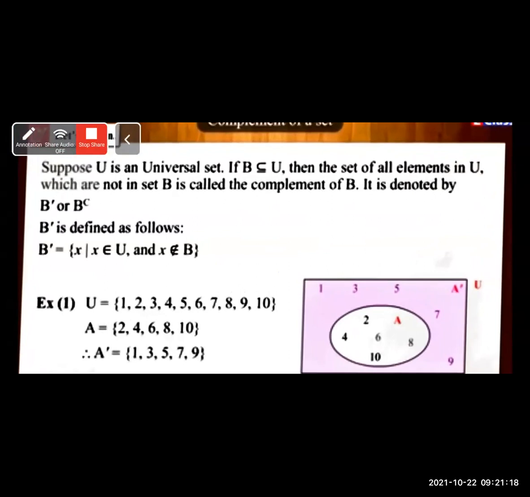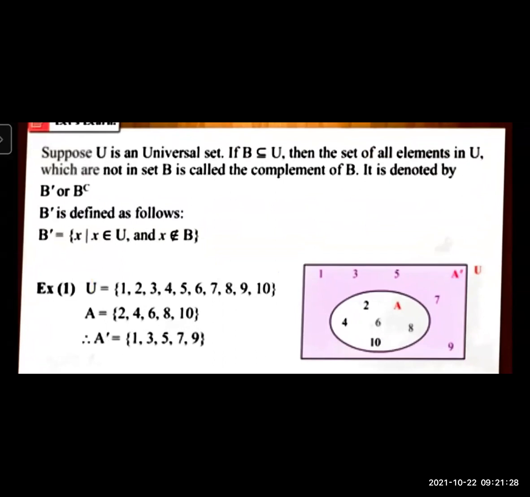So B dash is defined as follows. B dash is equal to the set of all x such that x belongs to U but x does not belong to B. That means what? See here one example, example 1. U is equal to the set of all 1, 2, 3, 4, 5, 6, 7, 8, 9, 10. In the universal set, 10 elements are there, 1 to 10.